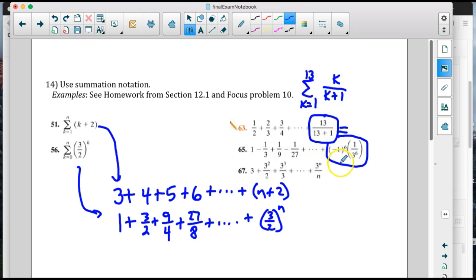Okay, so let's look at this one. Same thing happens here. We have the sum, k equals 1 to, let's see what's changing here. It looks like the signs are changing, so that's going to be -1 to some power. So let's figure out what this power is here.